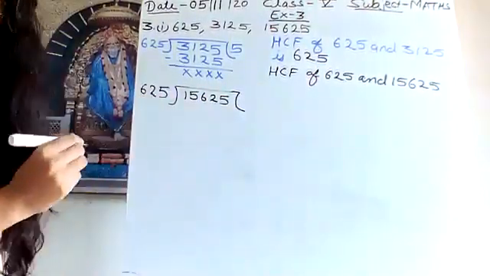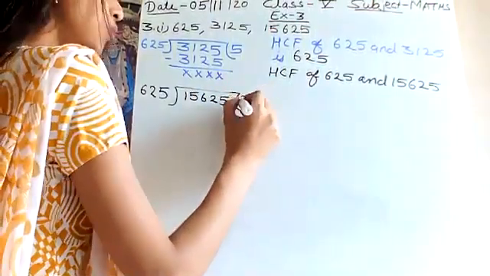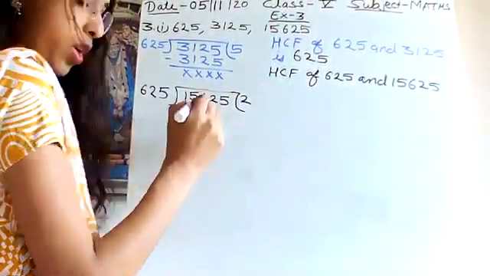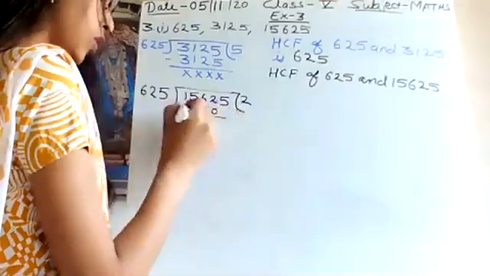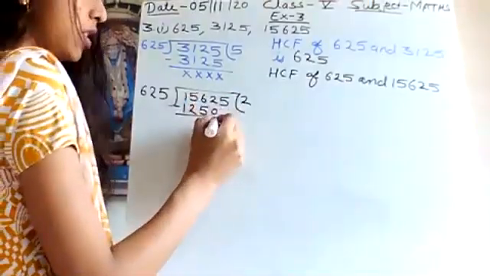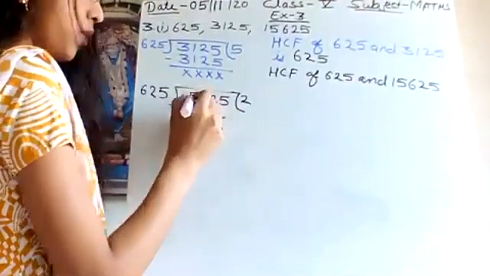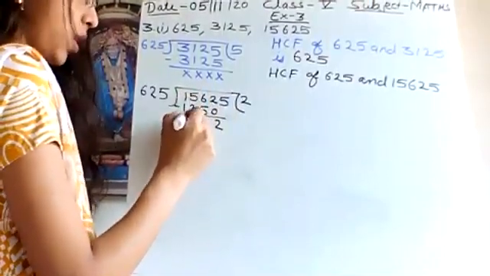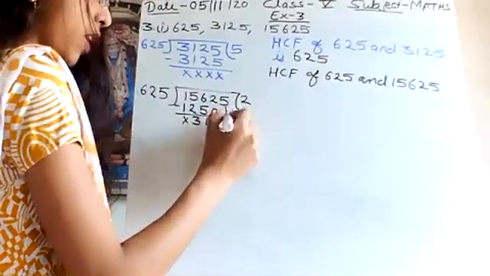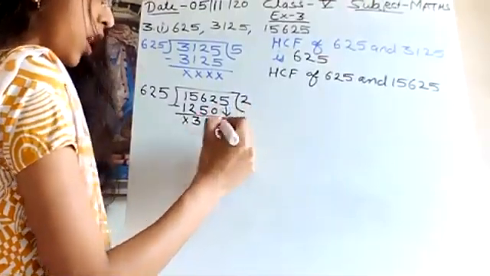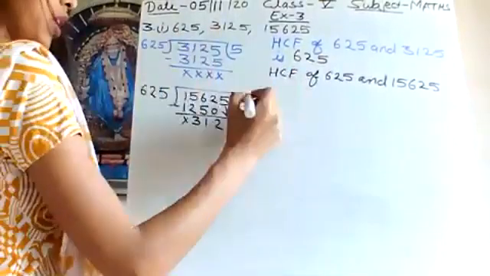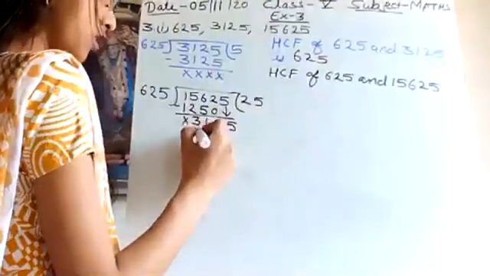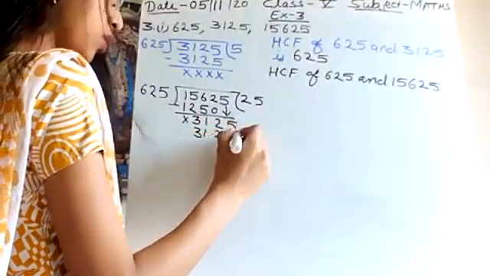So 625 2s is 1,250. Minus: 2 minus 0 is 2, 6 minus 5 is 1, 5 minus 2 is 3, 1 minus 1 is 0. This 5 will come down. Again 3,125, यहाँ पे भी हुआ था. So 625 5s is 3,125.